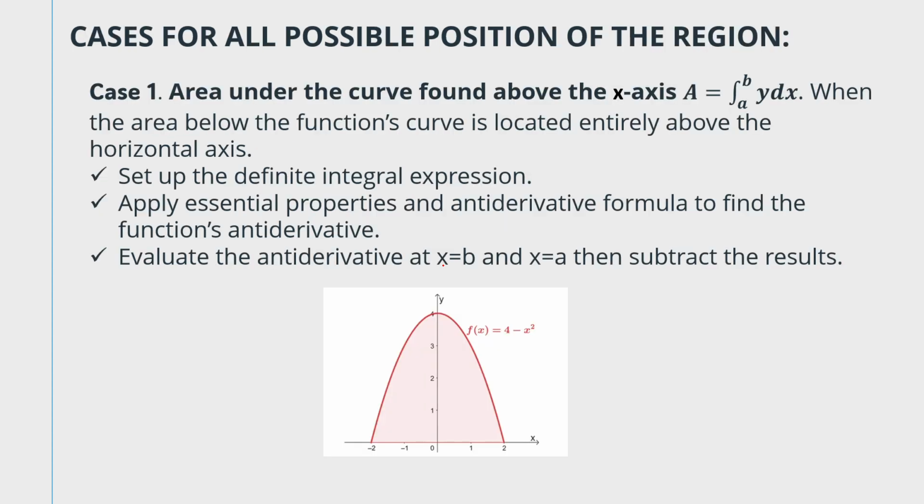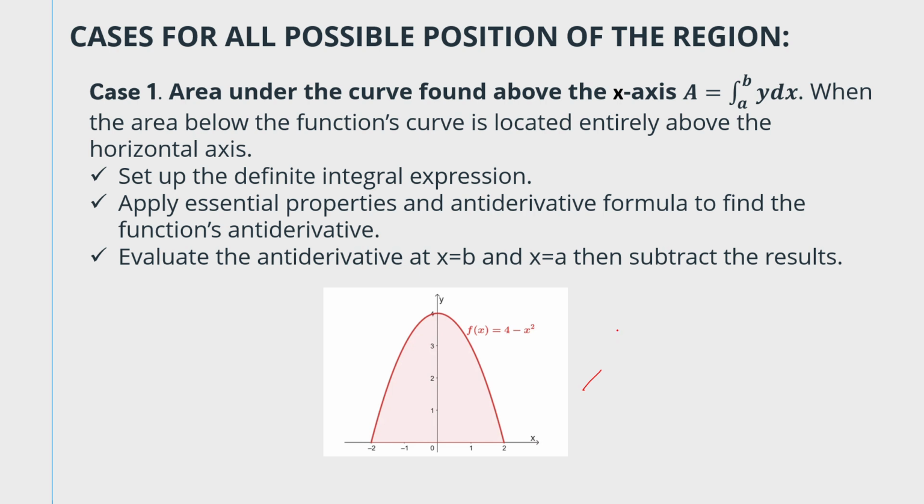Okay, so these are the cases for the position of the region. In case number 1, the area under the curve is found above the x-axis. This is the figure. When the area below the function's curve is located entirely above the horizontal axis, first, set up the definite integral expression.